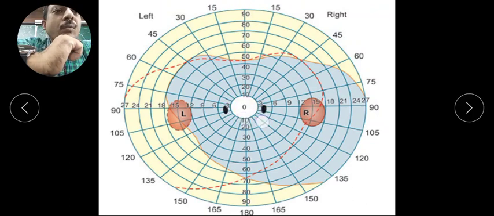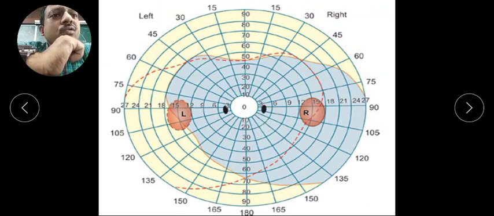Now this oval blackish area is the blind spot, the corresponding area of the optic disc where no rods and cones are present, where no photoreceptors are present. This one is the blind spot.